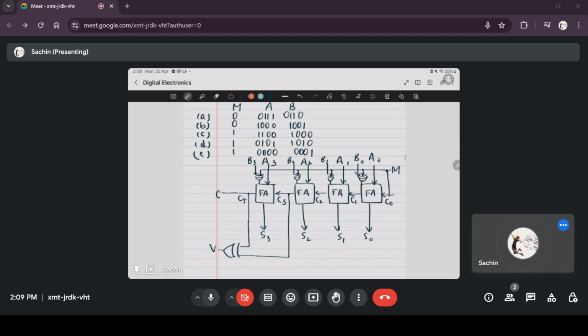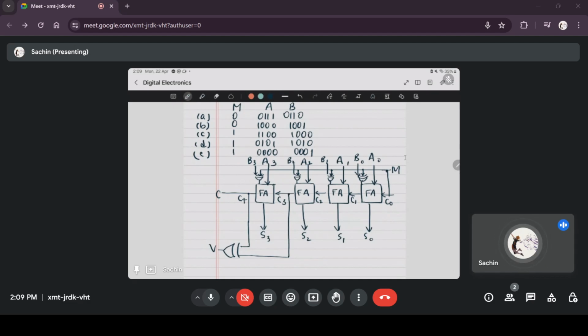Suppose we want to perform subtraction, then we will give M is equal to 1, and when M is equal to 1, M XOR Bi for any index 0, 1, 2, 3 will be Bi complement. So you will get the ones complement of B3, B2, B1, B0. To do subtraction, you have to take the 2's complement.